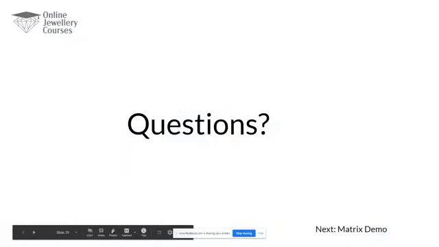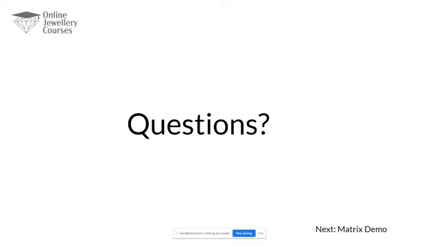Right, I'm going to open Matrix. I'm going to show you how to make a ring in Matrix just quickly. I believe that this seminar is going to be recorded automatically, so it's going to be available for you on the Facebook page.